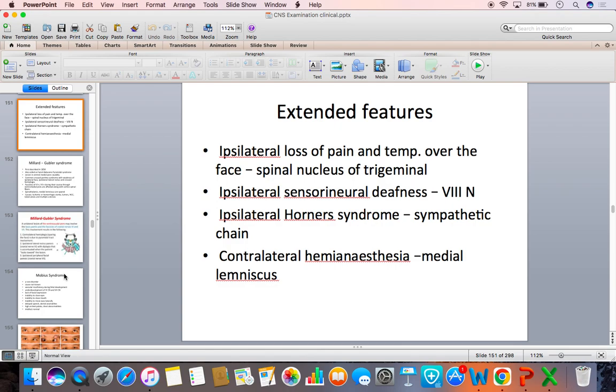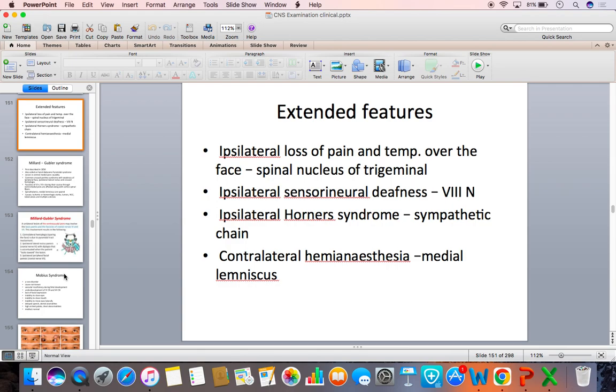hemianesthesia because of the involvement of medial lemniscus, ipsilateral Horner syndrome because of the damage to the sympathetic chain, ipsilateral sensorineural deafness because eighth nerve is damaged. Also, there is ipsilateral pain and temperature loss because of the injury to the spinal nucleus of the trigeminal nerve.